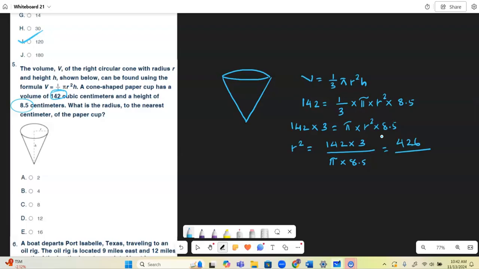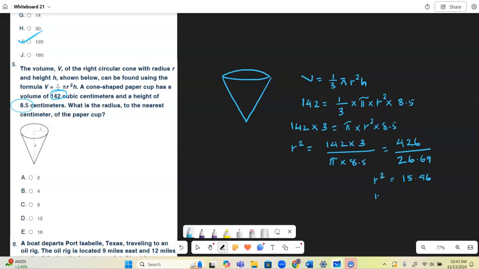That is 26.69. So now you need to find the ratio, 426 divided by 26.69. That is 15.96. So this is r square.